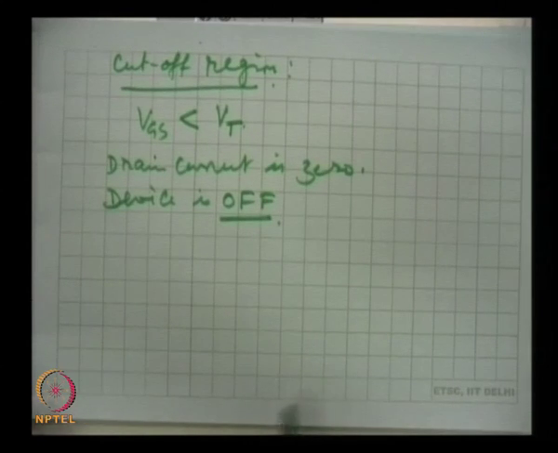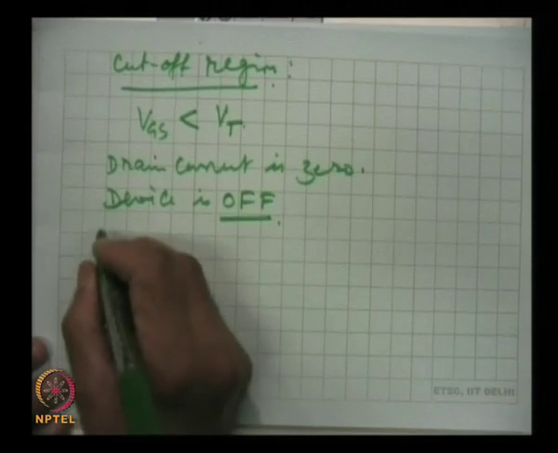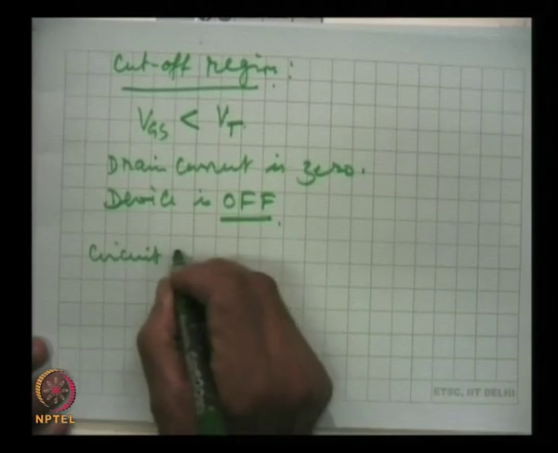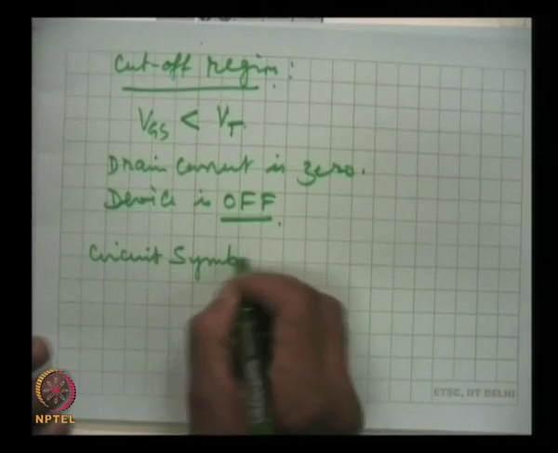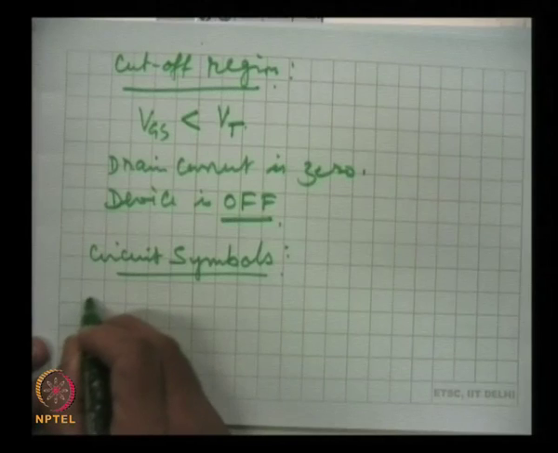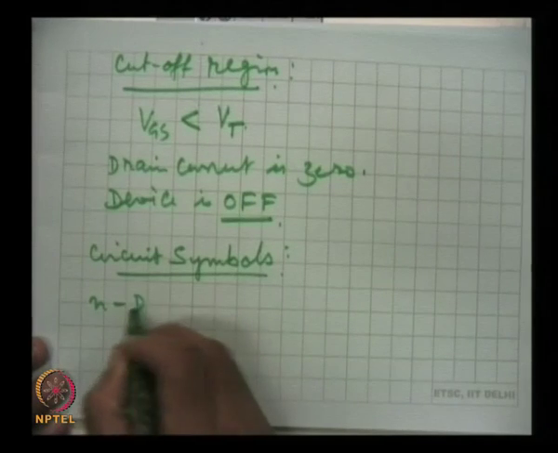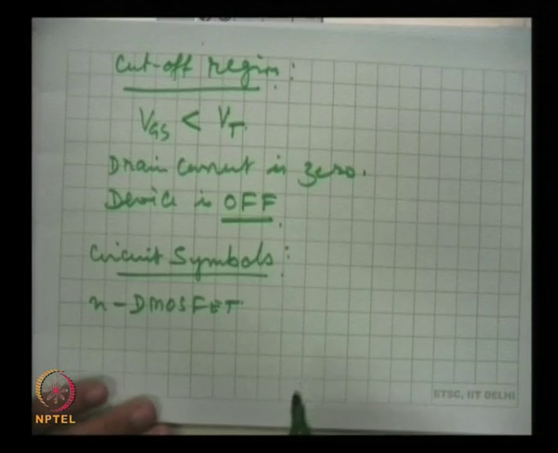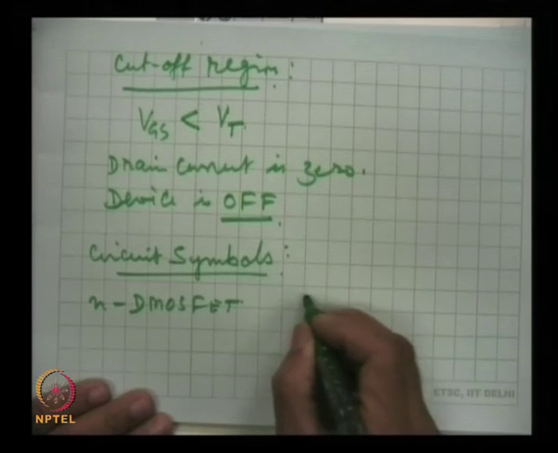Now, about the circuit symbol for the depletion MOSFET. Circuit symbols. For n channel depletion MOSFET, the one symbol is this.